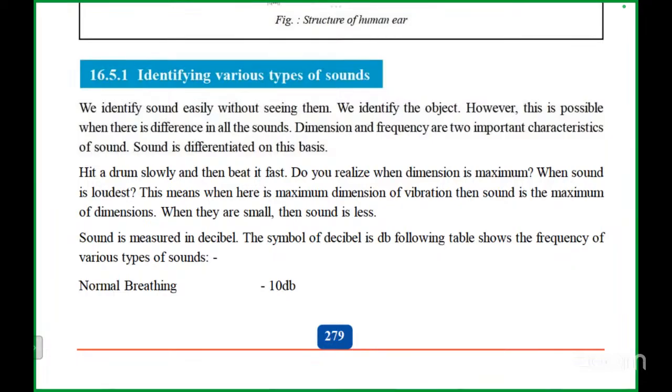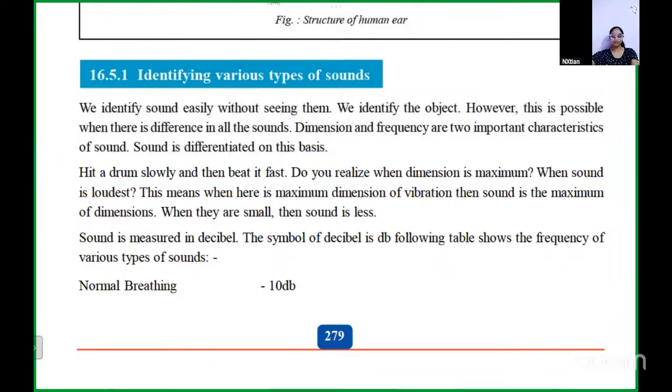So without seeing her, we can tell that it is mom. This is also possible because all the sounds of humans are different. Our mom's voice is different, dad's voice is different, our siblings' voices are different. There is a difference in all the sounds.